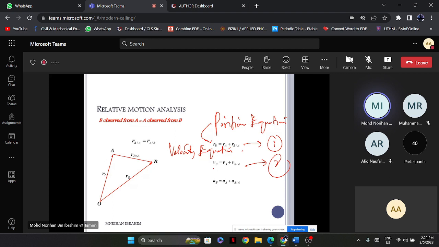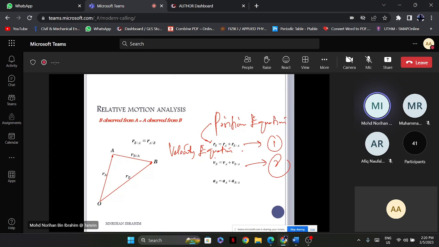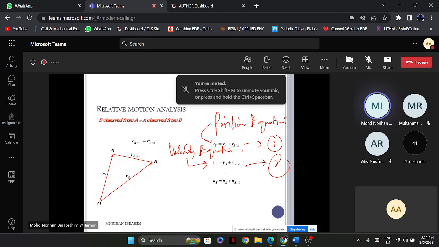This velocity equation is obtained by taking the time derivative of the position equation. So by taking the time derivative of the position equation, we can obtain the second equation, which is called the velocity equation.